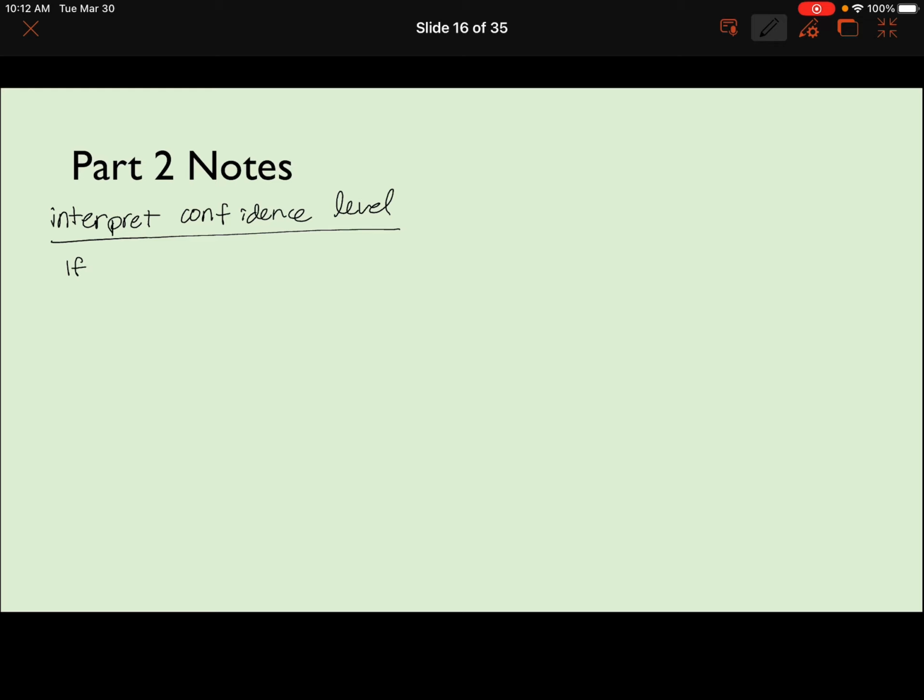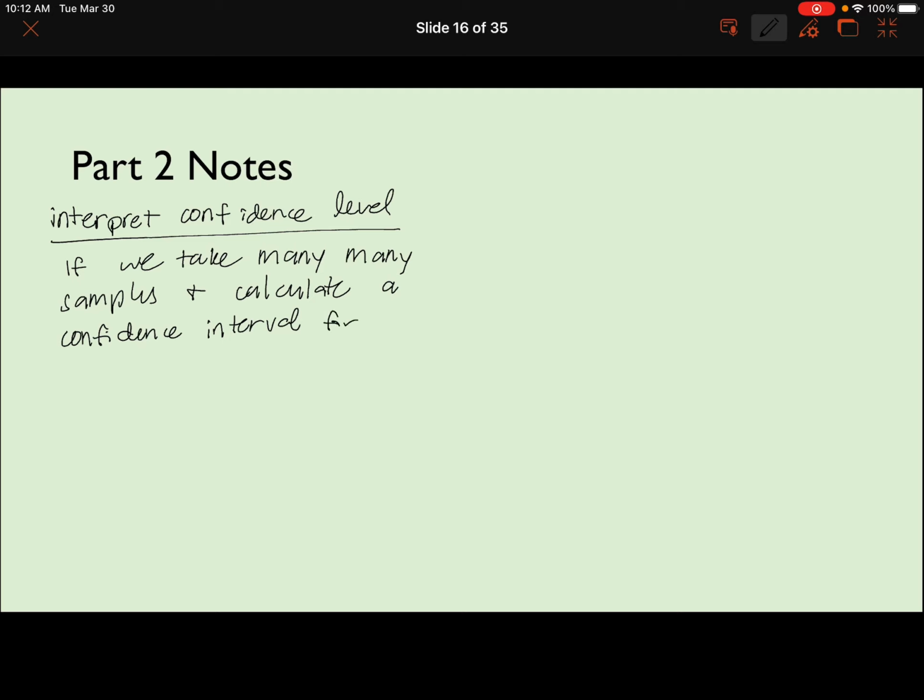What we can say is if we take many, many samples and calculate a confidence interval for each one, about blank percent, whatever your confidence level is, will capture the true parameter.